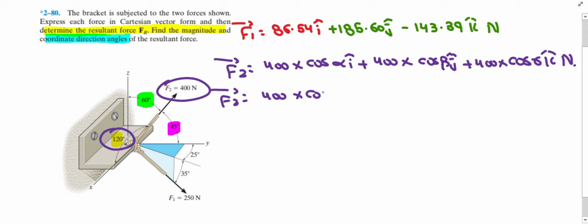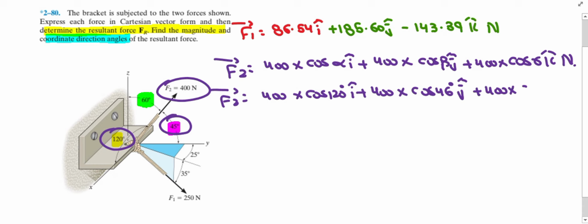So 400 cos of 120 degrees i plus 400 cos of 45 degrees j, because beta is the angle between F2 and the y-axis, plus 400 cos of 60 degrees k Newton.